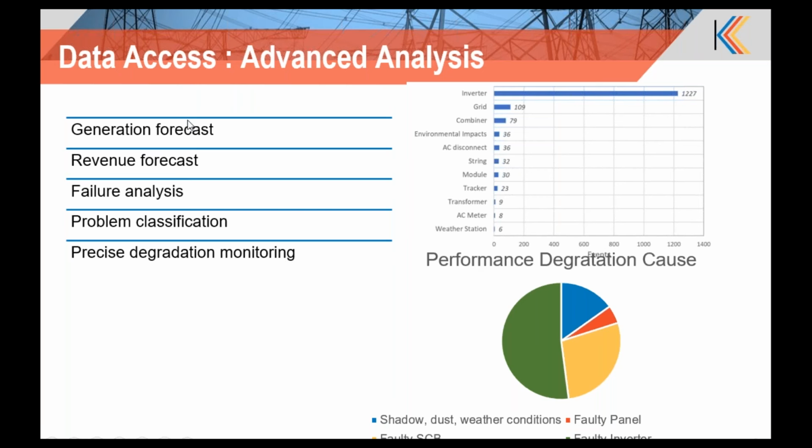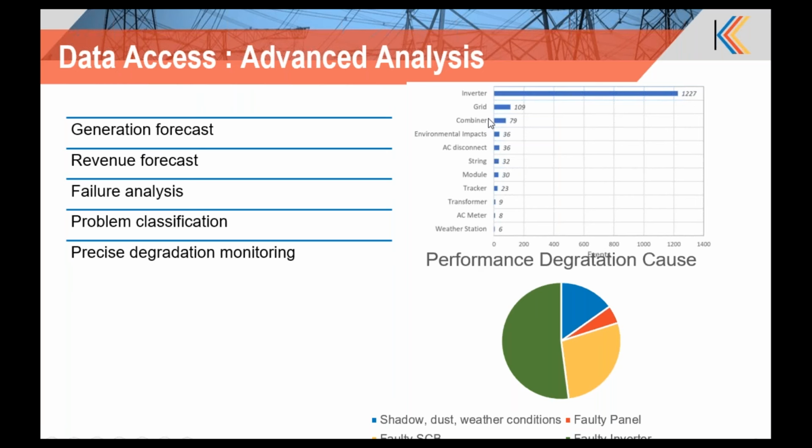Using the REST APIs, you collect the data and use your analytics engine or algorithm to go through the data and do some analytics. For example, generation forecast or revenue forecast, failure analysis, problem classification, root cause analysis, or precise degradation monitoring can be done as an additional application on top of Calculator.io.